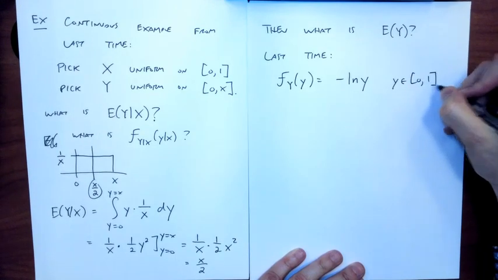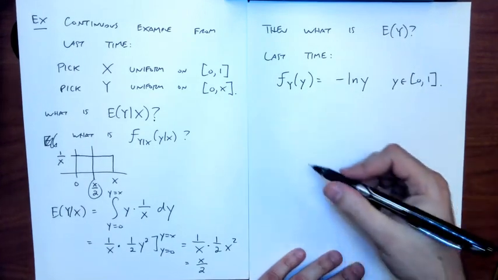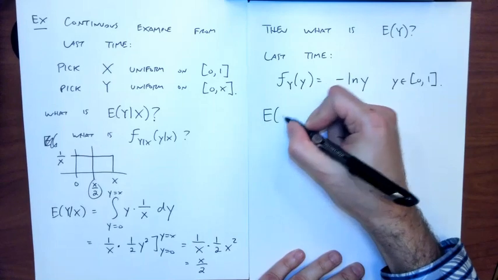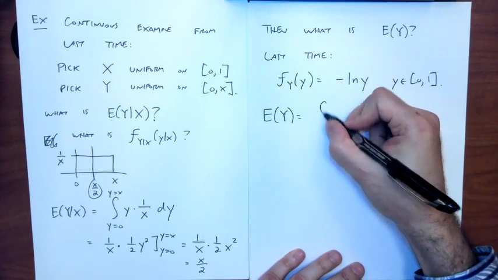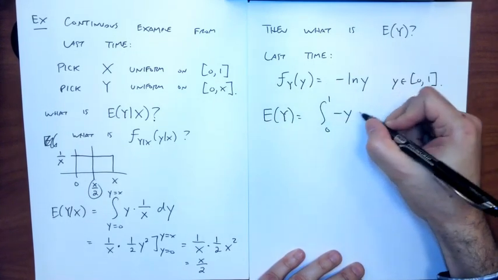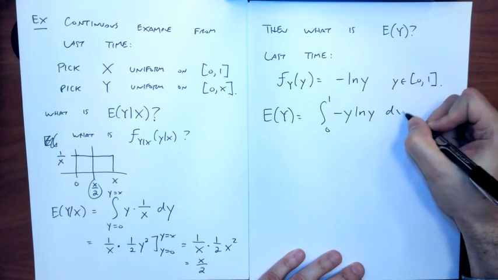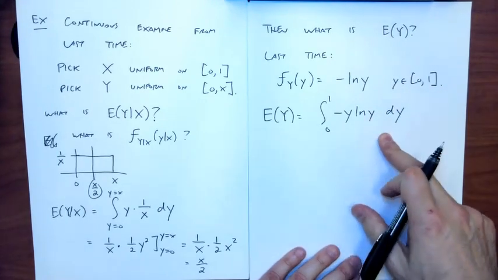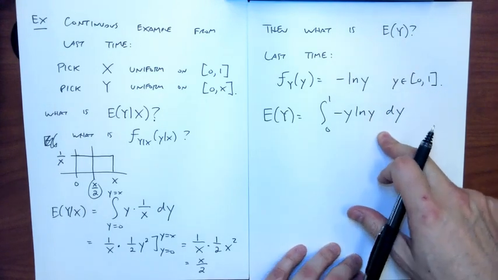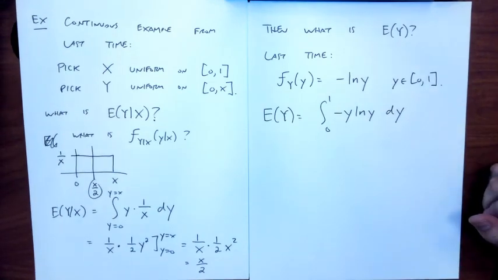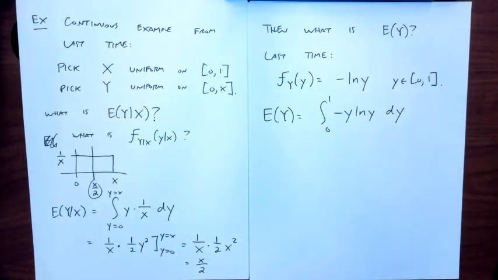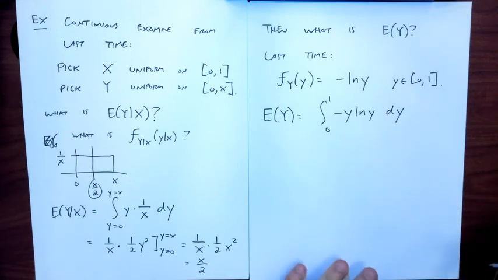So if you look back at your notes from last lecture, we came up with this, right? So if I wanted to compute the expected value directly, I would have to do this, right? Minus y log y dy. Now this is an integral that I don't know how to do, or at least I don't want to do it on the day before Thanksgiving break, right? Because this is going to be some sort of integration table or integration by parts. Certainly on an exam you face this, you're like, well, I don't know what to do with this, right?